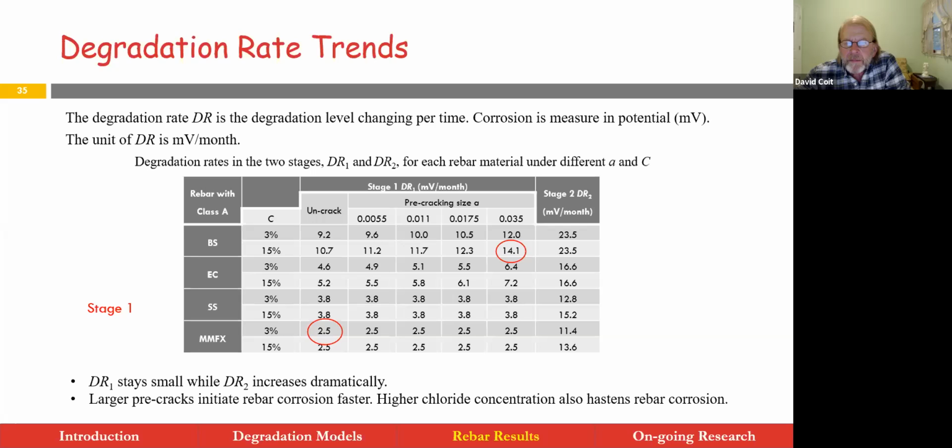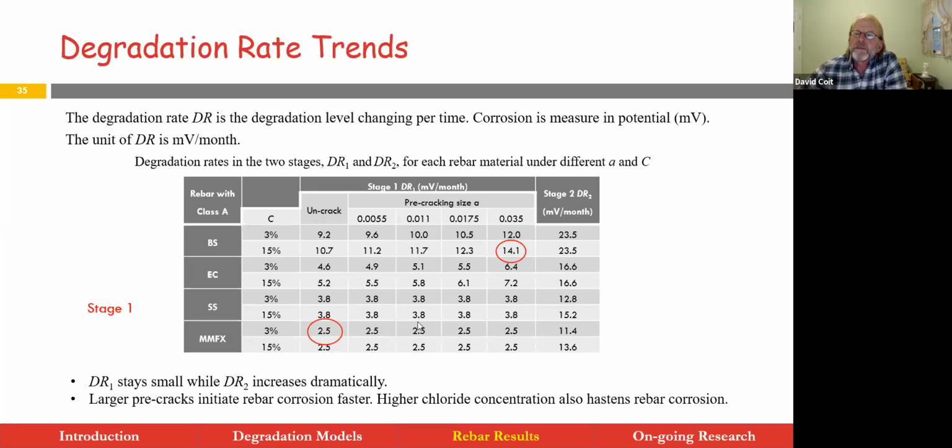It's that the MMFX did not corrode in stage 1 at a very high rate. And any effect caused by crack size, we could not detect. But don't anyone take from this table that crack size doesn't influence it. Based on the natural variation in the data, you saw the data, we couldn't observe whether changes in the degradation rate were due to the crack size or not.